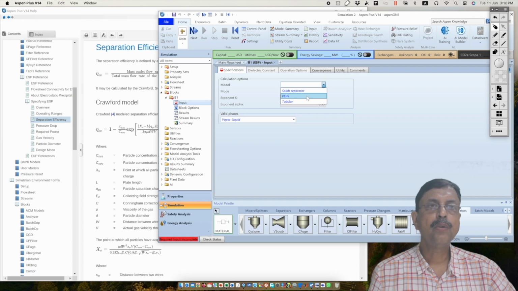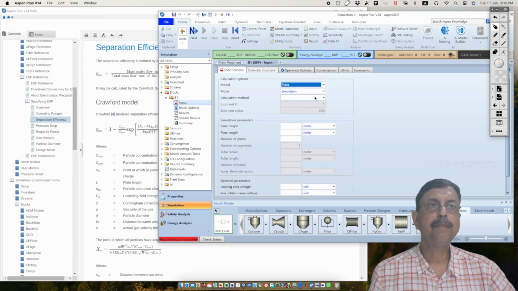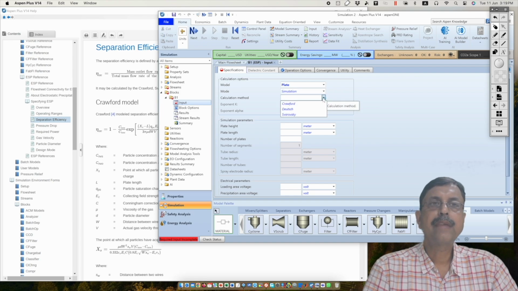Now, suppose you choose plate type, then again the mode of calculation, it will ask whether you want to run it in simulation mode or design mode.